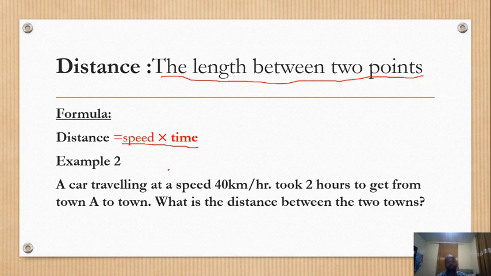So example 2. A car traveling at the speed of 40 kilometer per hour. This is speed. You see the per, that means speed.